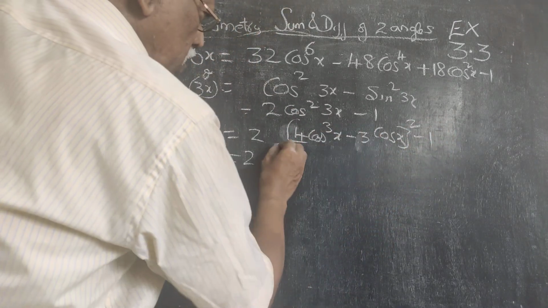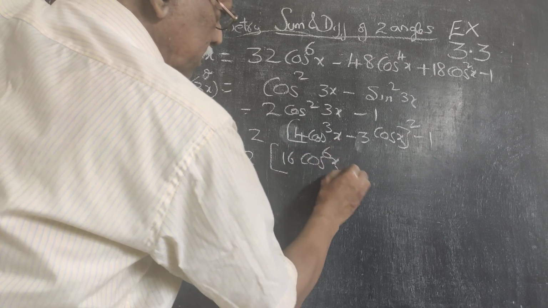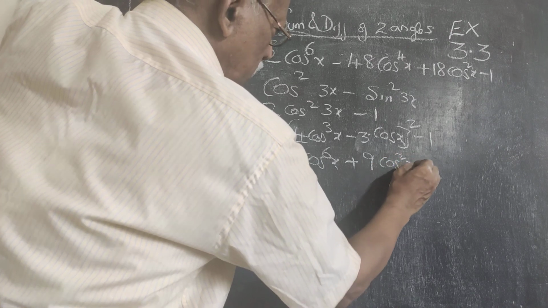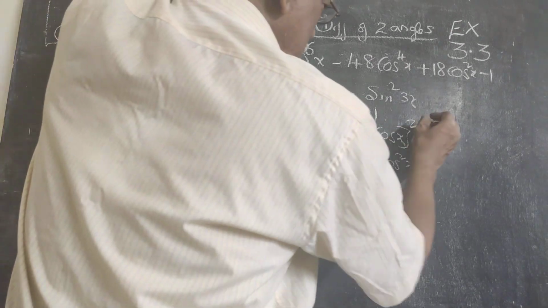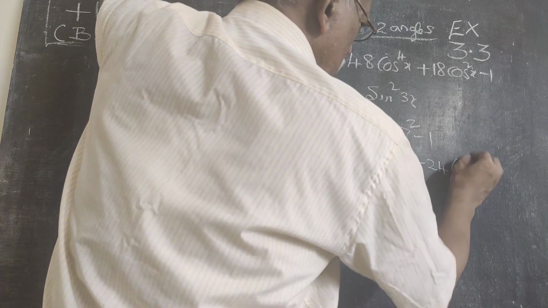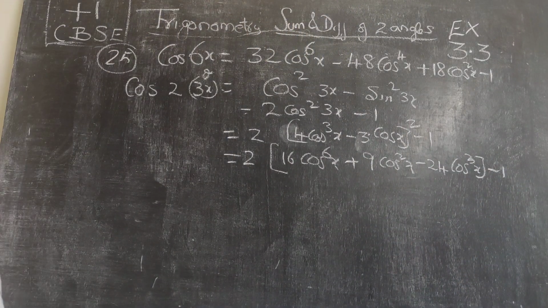Expanding that with the a minus b the whole square formula, 4 into 4, 16. This is cos power 6 x. Squaring this one, you will get 9 times cos square x. And here 4 3s are 12, 12 2s are 24, so minus 24 times cos cube x. And of course that minus 1 is there.